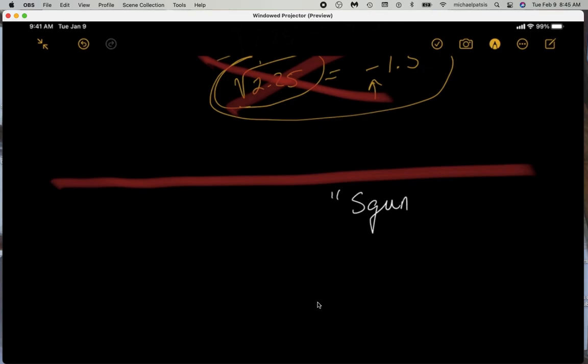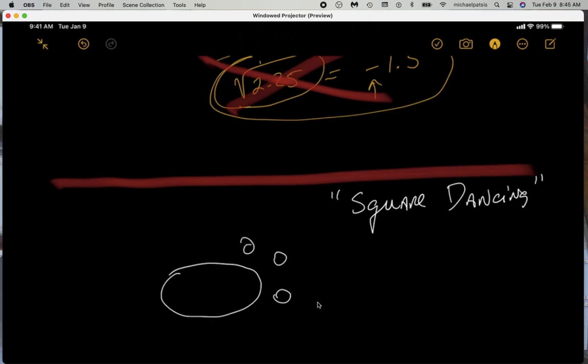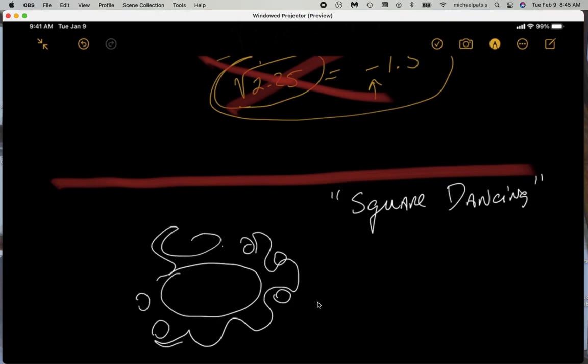I think about square dancing. When you're square dancing, not that I've done a lot of it, you got people moving around. I think there was something called do-si-do, and you're square dancing and spinning around and grabbing hands and moving.